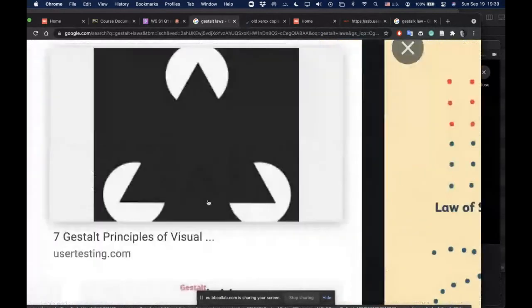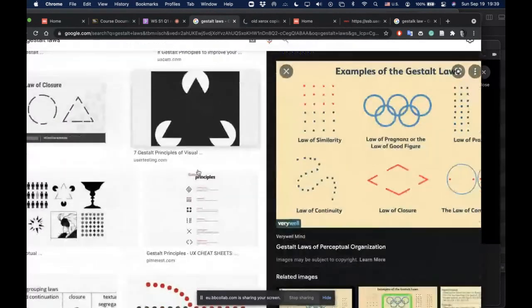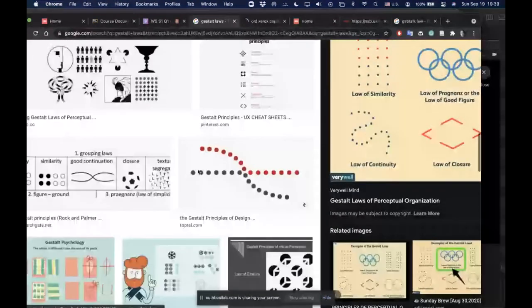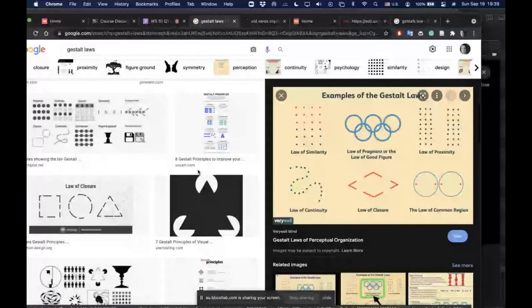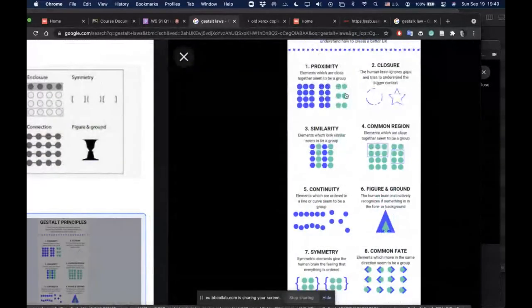Here, for example, do you see a triangle occluding three circles, or do you see three Pac-Mans, right? So interesting. Anyway, in our case, the most important one is the law of proximity.